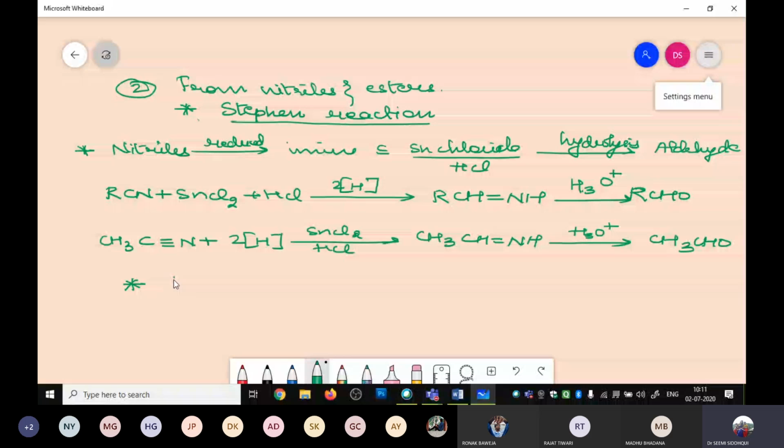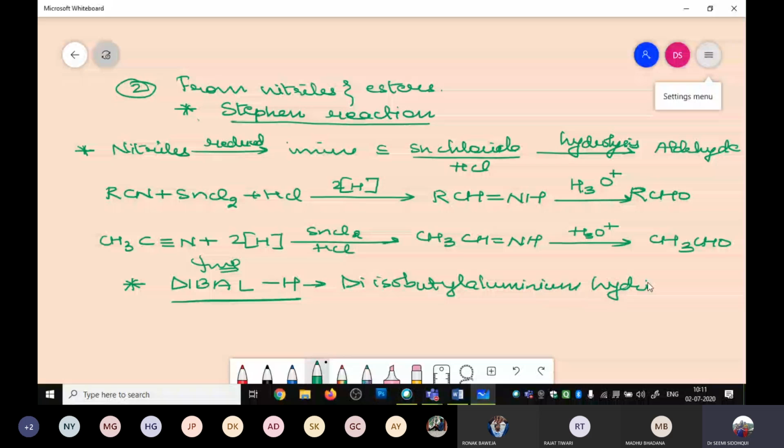The important point is that you should remember the full form of DIBAL-H: diisobutyl aluminium hydride.